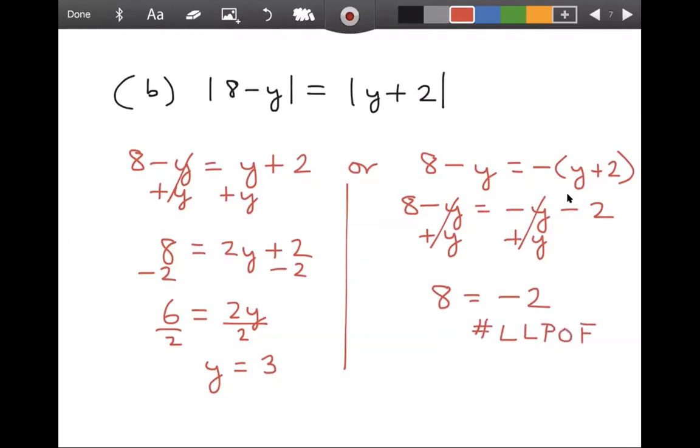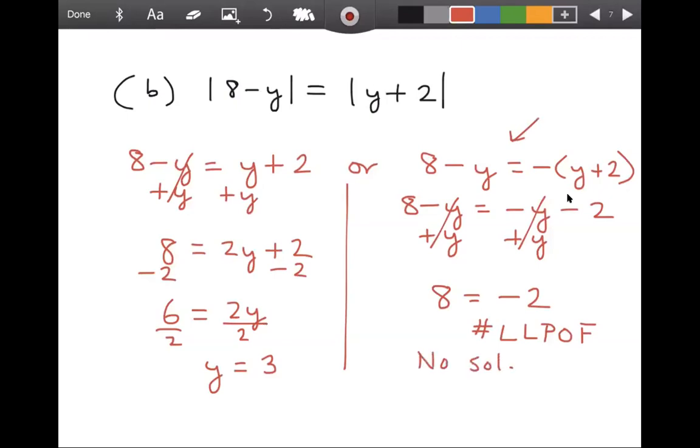All right, so any value of y that makes 8 minus y into the opposite of y plus 2 will also make 8 equal negative 2. And since there are no y values that make 8 equal negative 2, there are also no y values that do this. So this second equation has no solution.